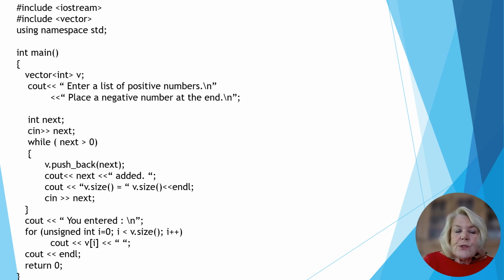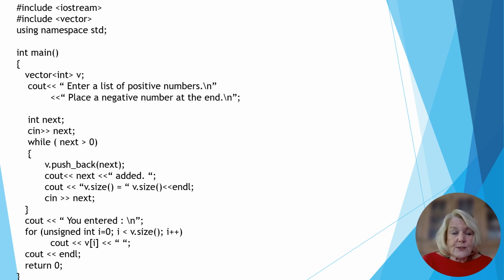And then it's always good to have some output statements so you know what is actually happening. So we're going to output what the value is in next and say added. Then we also are going to output v.size, open and close parentheses, assignment operator, and then we call the size function on our v vector to see what the size is at that point in time.